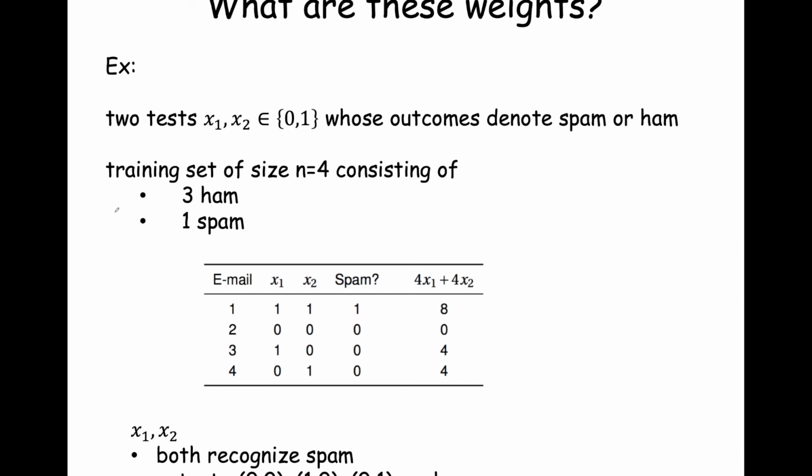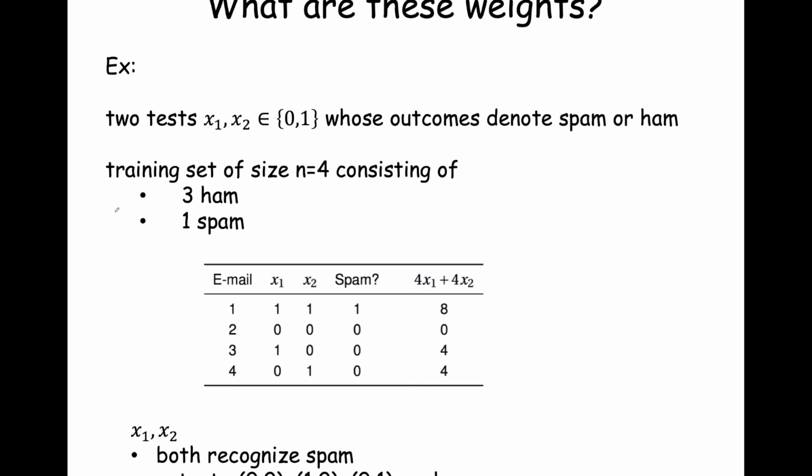And for the sake of simplification, to describe the concept of what SpamAssassin does with these rules, you have a training set of size 4, and ground truth, the priors are such that you have 3 emails that are ham, and 1 email that is spam.